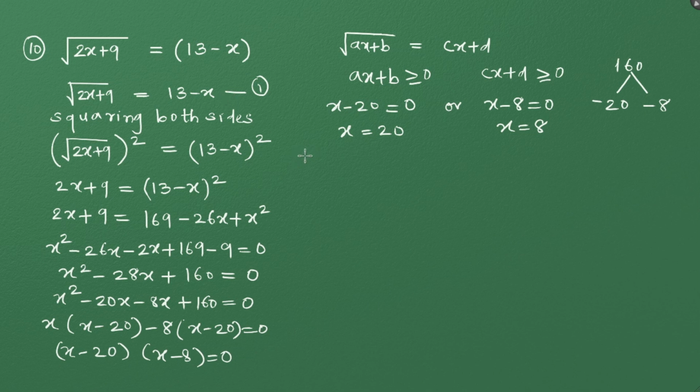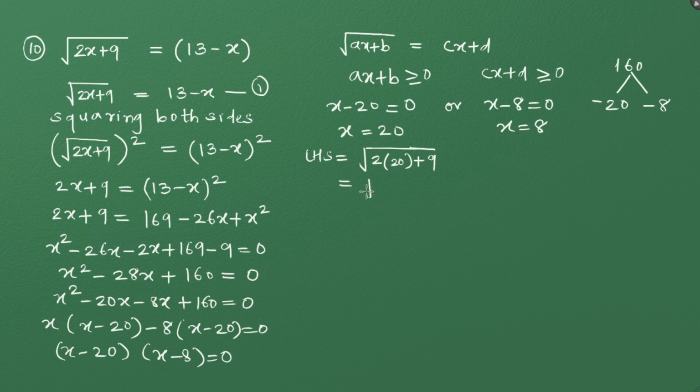So what I am doing now is substituting x equal to 20 in equation 1. Left hand side has square root of 2 times 20 plus 9.